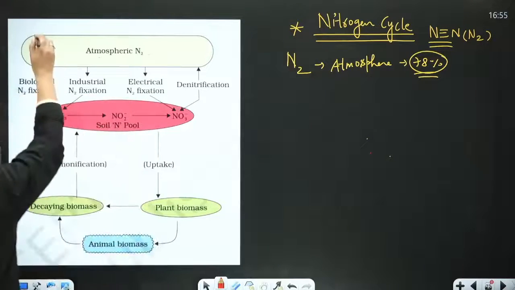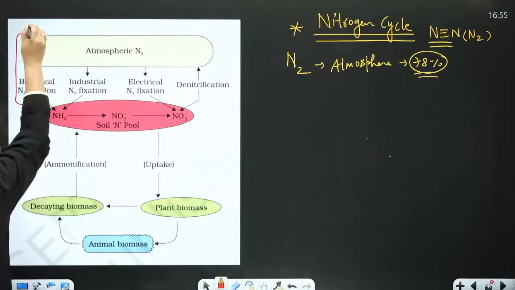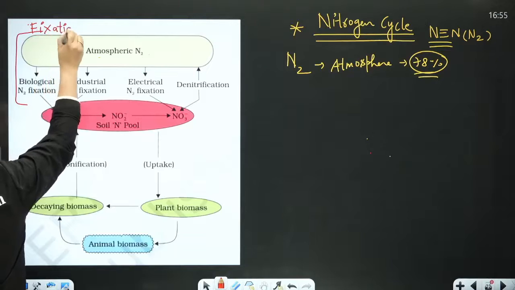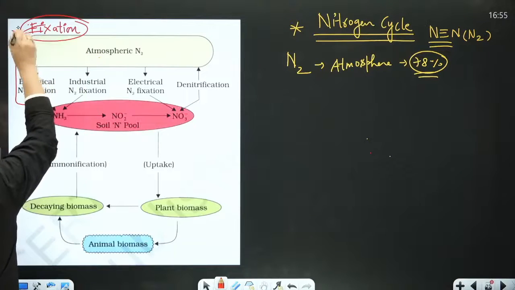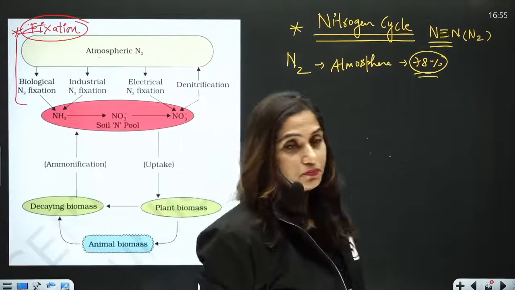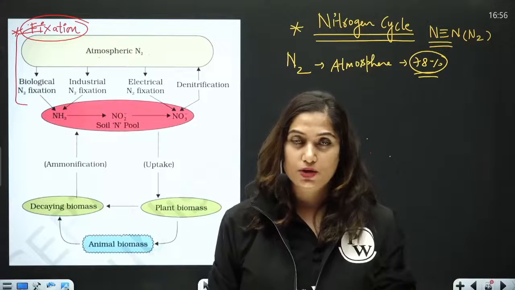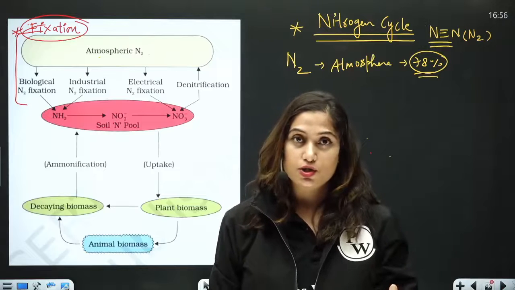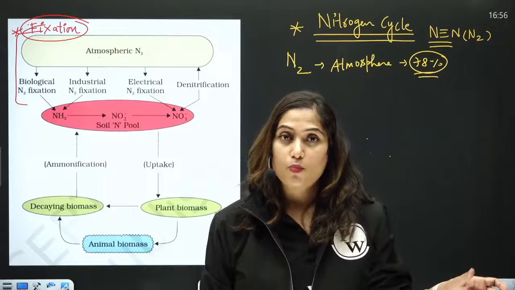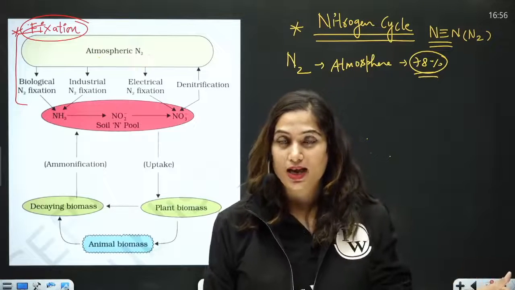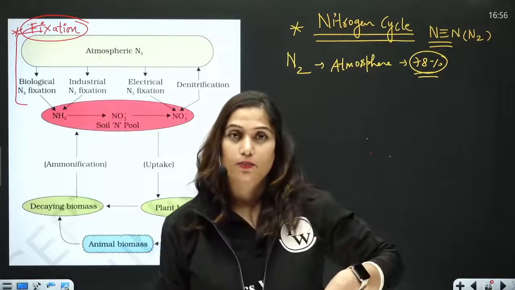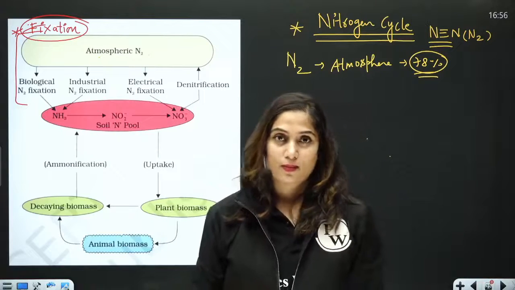The very first process in the nitrogen cycle is called fixation. What is the meaning of fixation? To convert nitrogen either into ammonia or into oxides of nitrogen like nitrate and nitrite, which can be used by the plant. This is fixation.